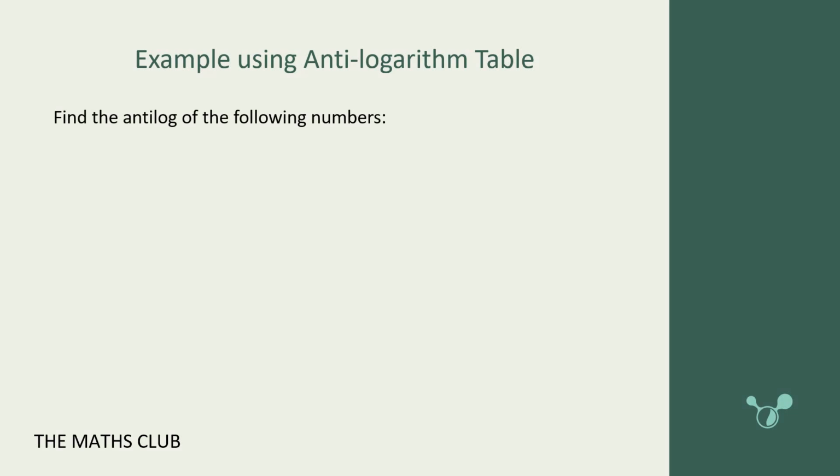So we have one example. The example is saying find the anti-log of the following numbers. So we have the log as 1.8403. We want to find the anti-log, which is the number that gave us this 1.8403 in the logarithm table.